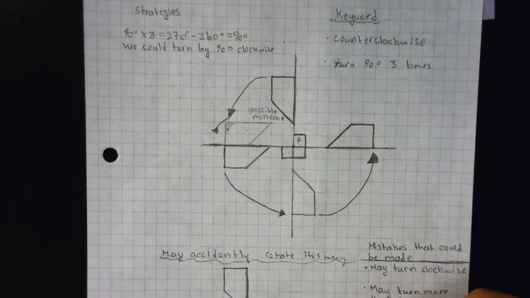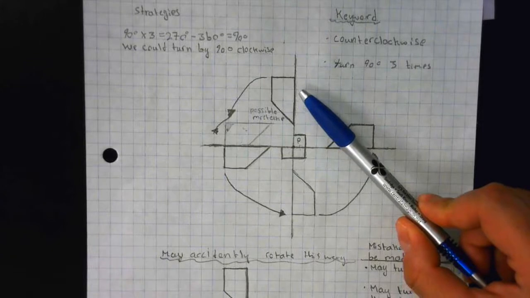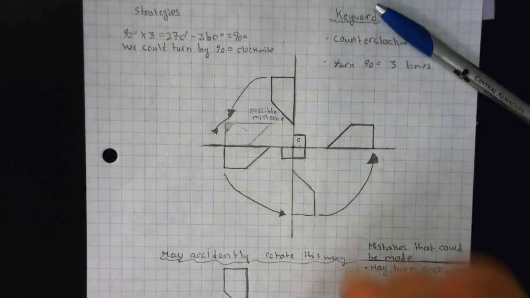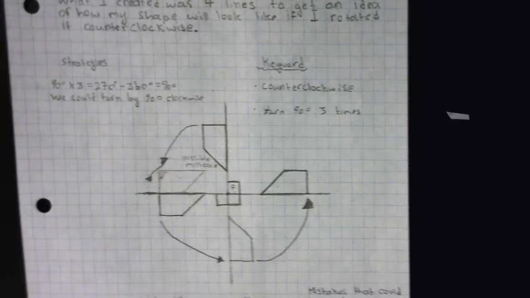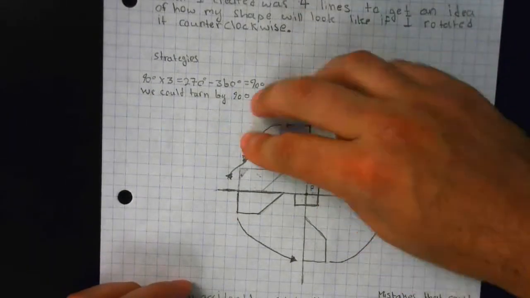This actually, what Ilyas did here, is one of the most common mistakes I've seen in transformational geometry. Whereas this shape ends up on top of the line here. Or sometimes it even ends up the opposite way. Let me see if I still have my shape. Here it is. It actually ends up, for some students, they end up doing this here.